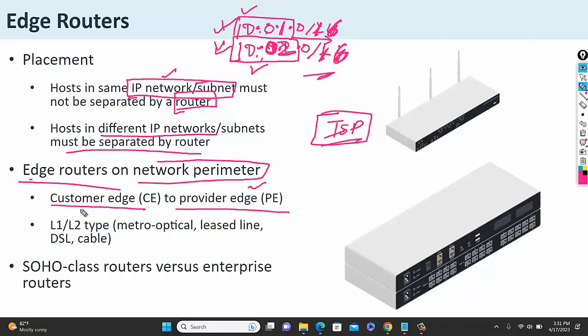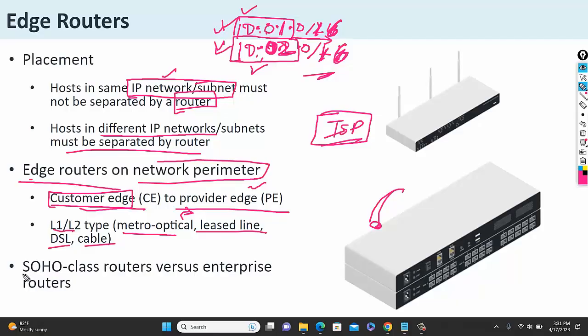But when a customer uses the edge router, it is known as a customer edge. Both are routers. Leased line, L1 or L2 types, metro optical line like fiber optic, or DSL or cable can be connected to the one interface which is the public interface.